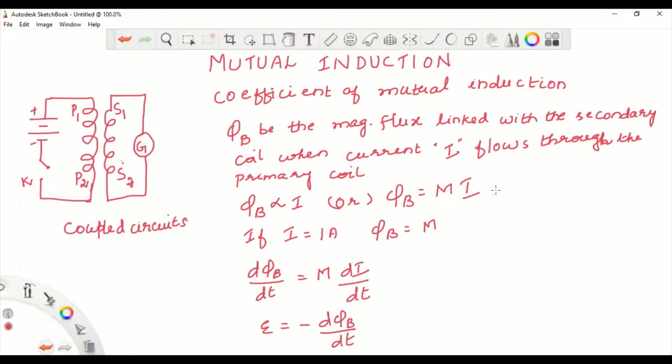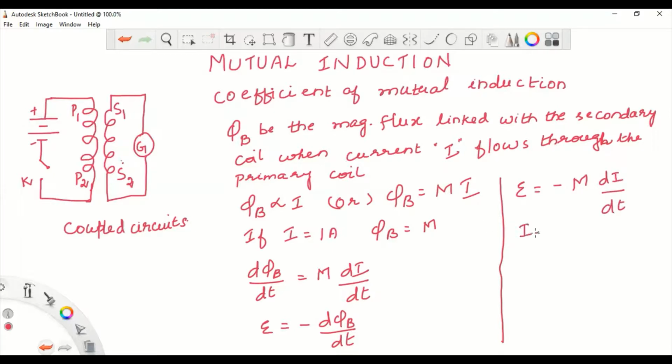So I am going to substitute: induced EMF is equal to minus M di by dt, instead of d phi by dt.